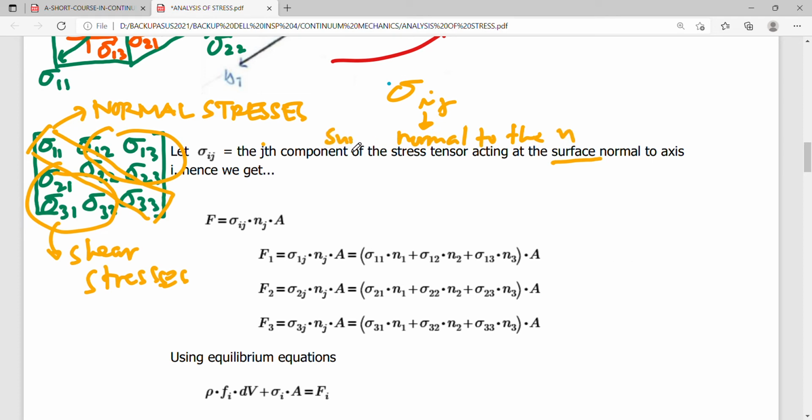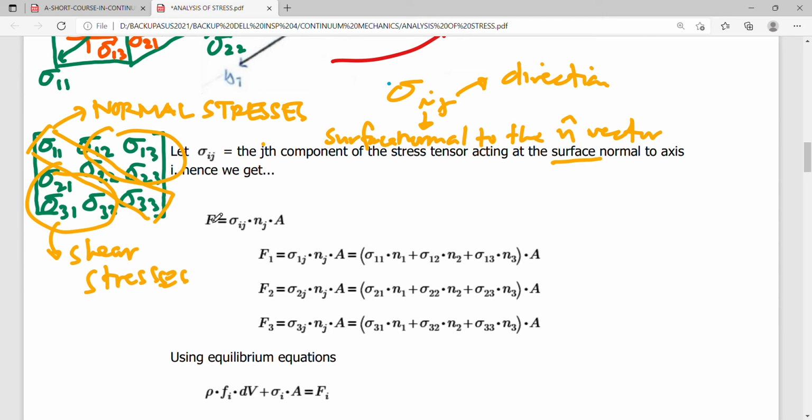Okay, so this is the surface normal to the n vector, while j is the direction upon which your stress is referred according to the coordinate system, in this case the right-handed coordinate system.